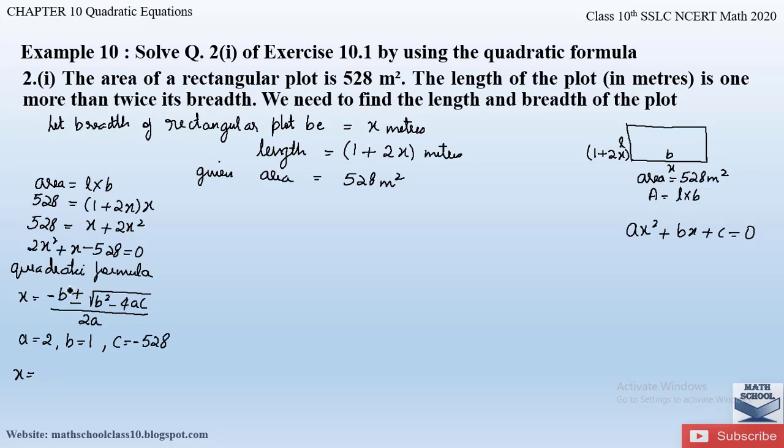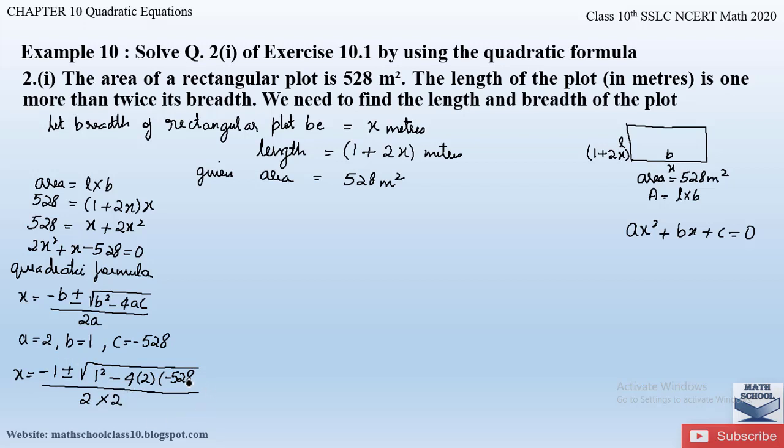So x is equal to, what is minus b? b is 1, so minus 1 plus or minus square root of b square. b square is here 1 square, minus 4, a is 2 and c is minus 528, divided by 2 into a.